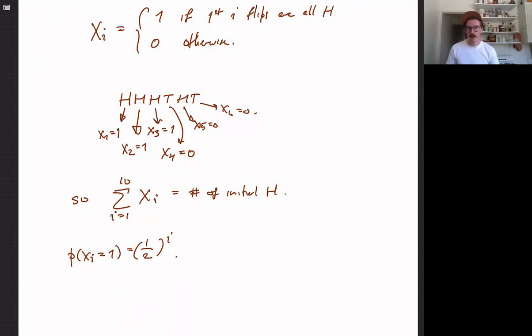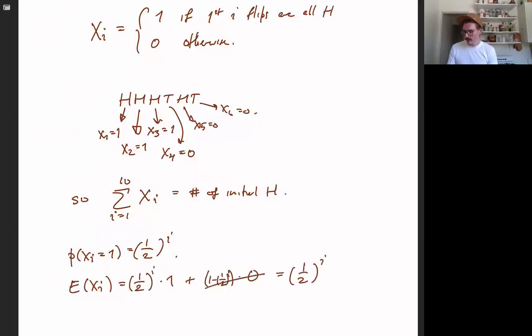So we just need to take 1/2 to that power. The expectation of this variable is 1/2 to the i times 1 plus the probability of 0, which is 1 minus that, times 0, so this term goes away anyway. And this is just 1/2 to the i.